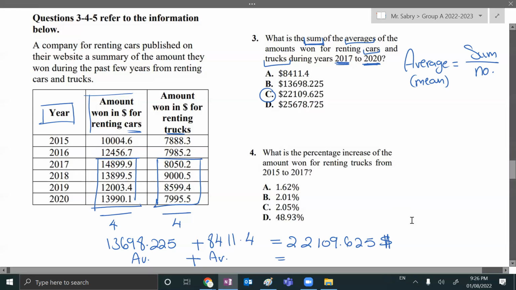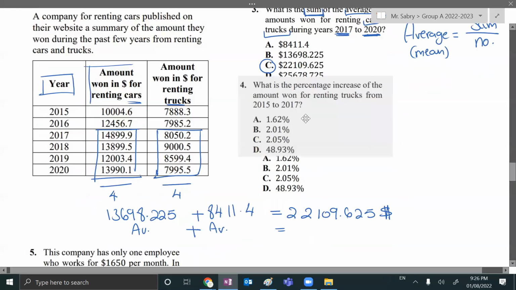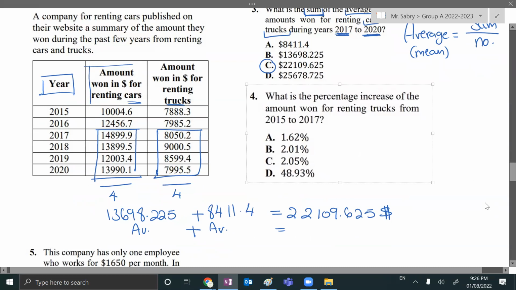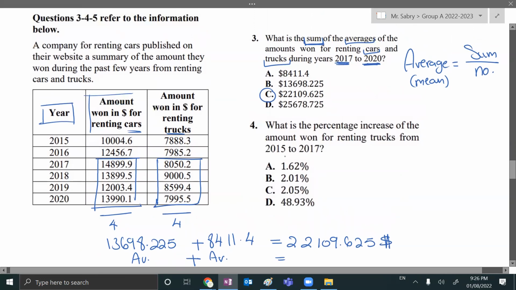Right. If we check number 4, what is the percentage increase of the amounts won for renting trucks only from the year 2015 to the year 2017? So now I'm only talking about the trucks, and I need to know the percentage increase, the increase that happened, from the year 2015 till the year 2017.